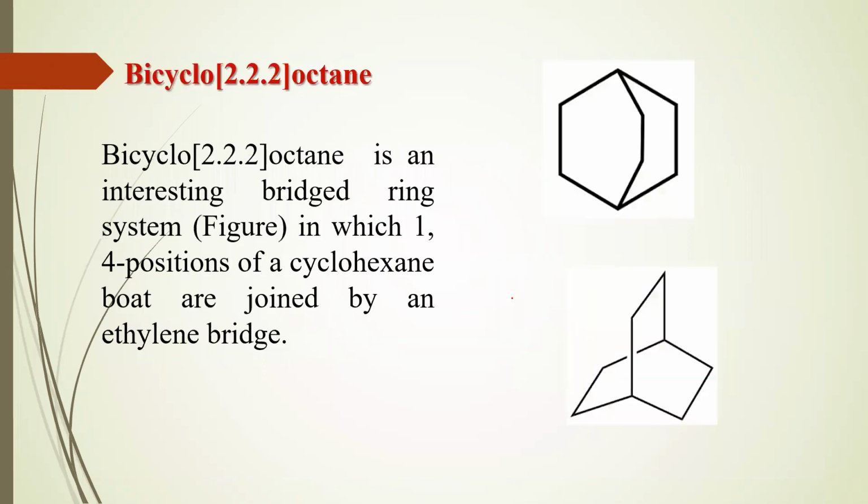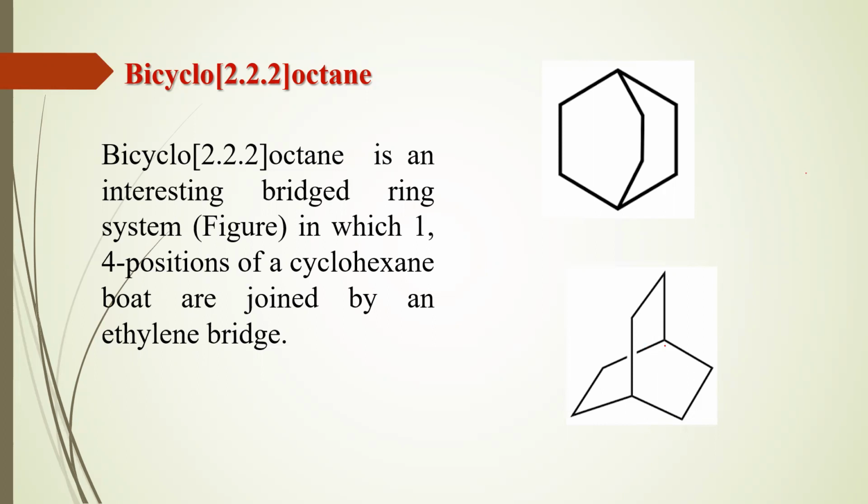Then next, the bicyclooctane. In the bicyclo[2.2.2]octane structure, positions 1 and 4 of a cyclohexane are joined by an ethylene bridge.